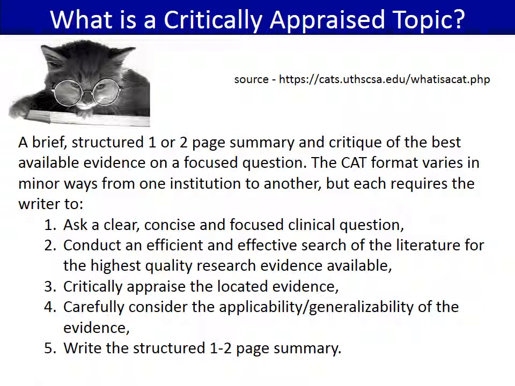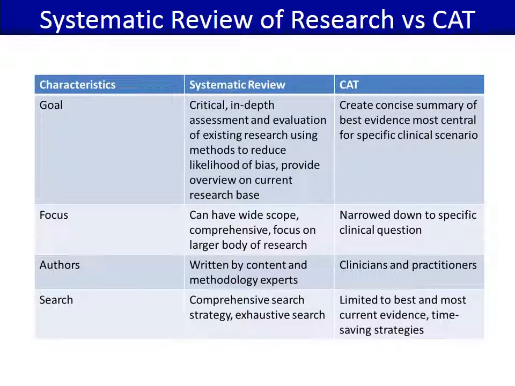Then that evidence is critically appraised, and carefully considered, and the information is then placed into a structured 1 to 2 page summary that addresses the evidence that answers the focused clinical question. So how are systematic reviews of research different from critically appraised topics? Well, the next 2 slides summarize the differences.